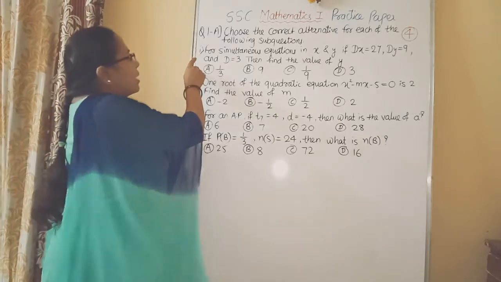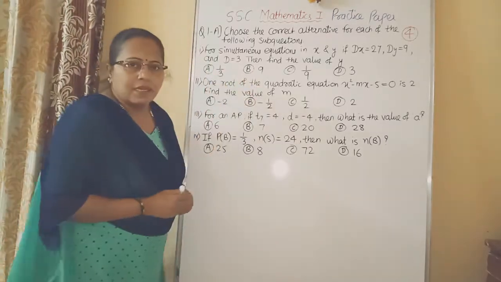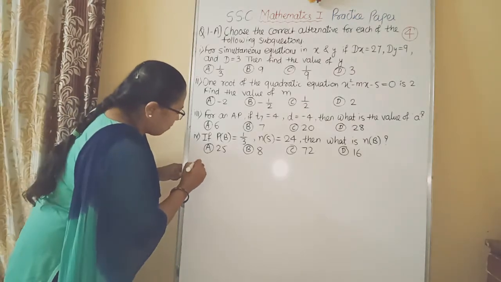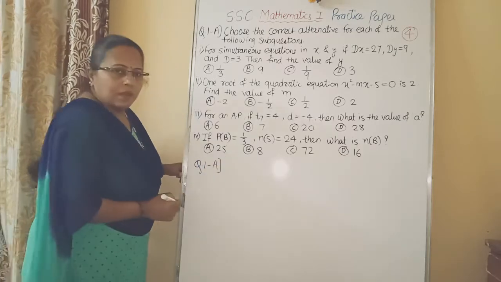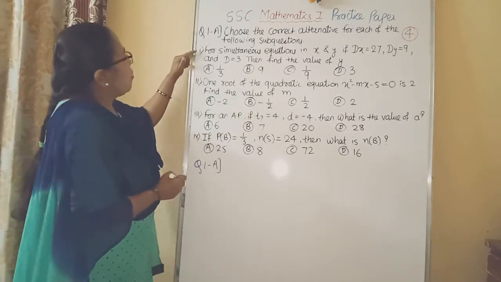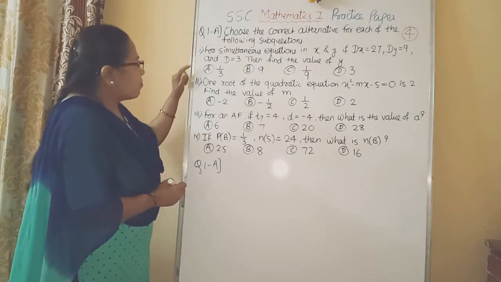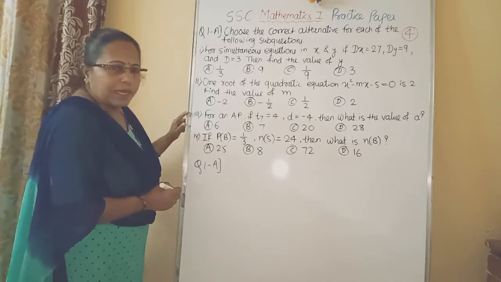We have to write only the sub question number and correct alternatives. Followed? Like question number 1A. Now here, sub question Roman numbers are given, so while writing the solution, we also have to write a Roman number.